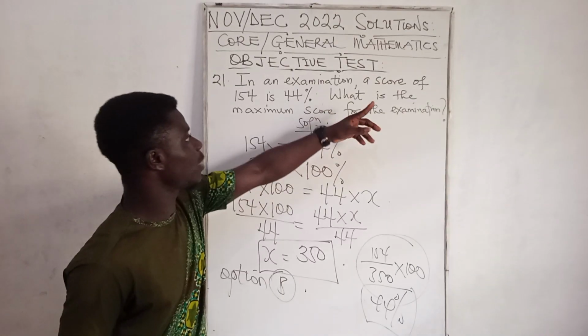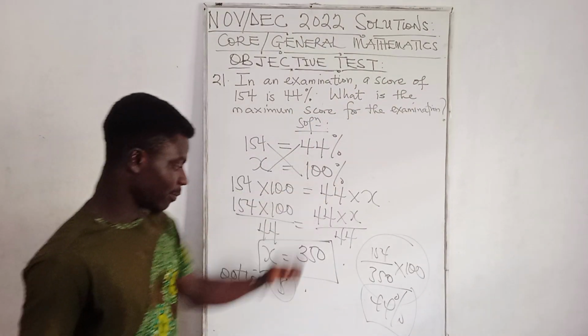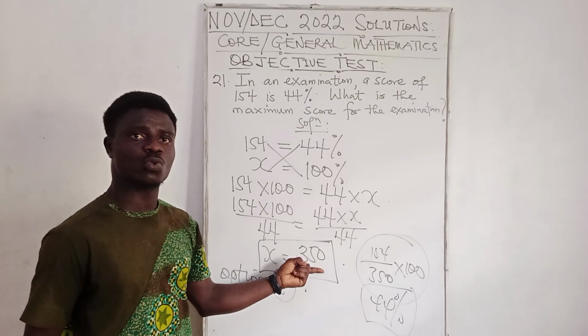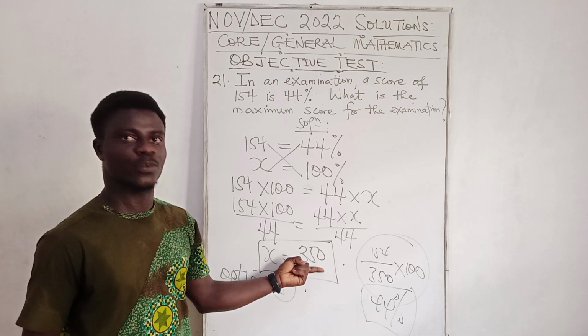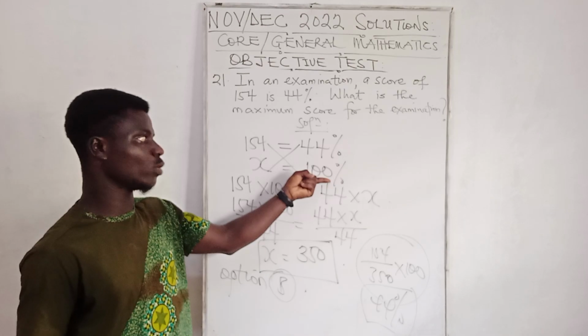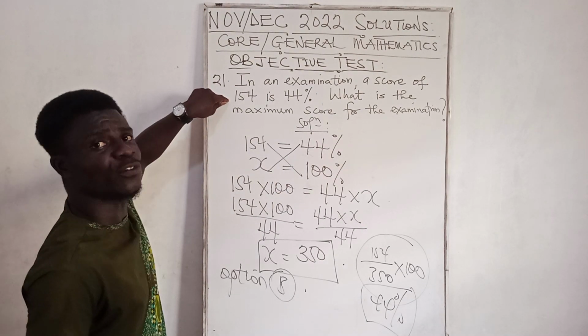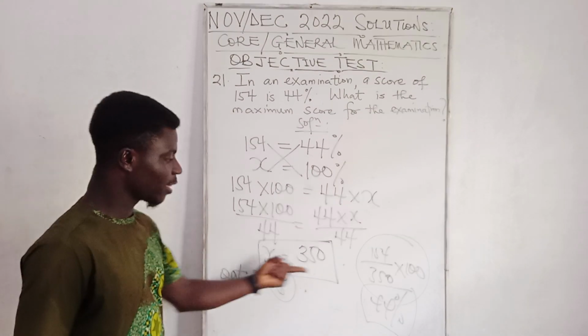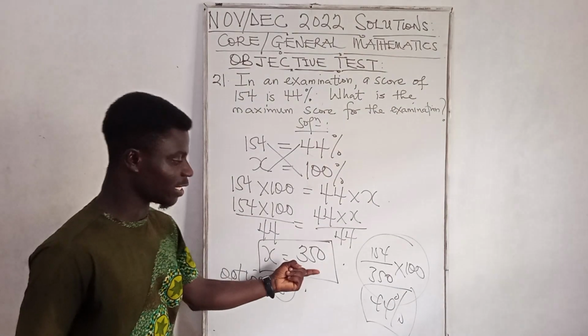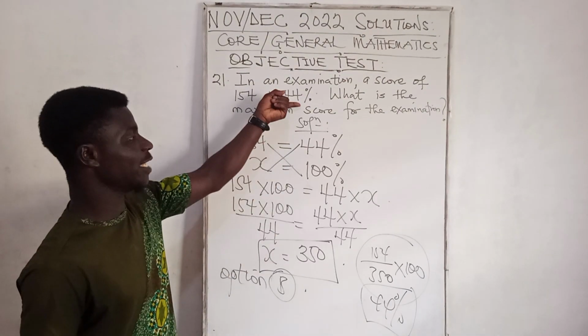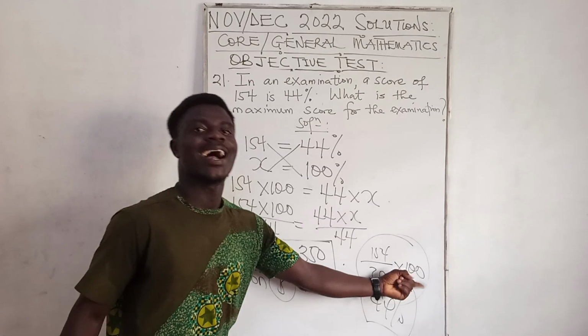And this time around, they said, what is the maximum score for the examination? So therefore, the maximum score for the examination is 350. Not 100. They want the maximum score for this 154, which is 350. So this 154 is divided by 350, and this 44 is divided by 100.